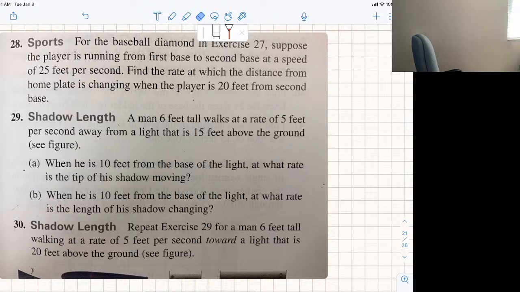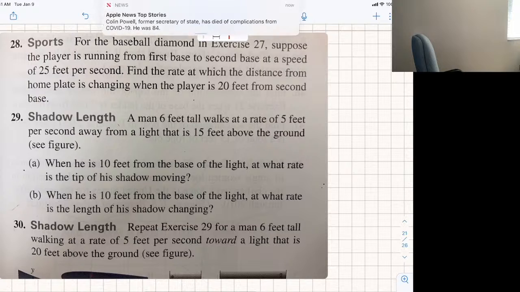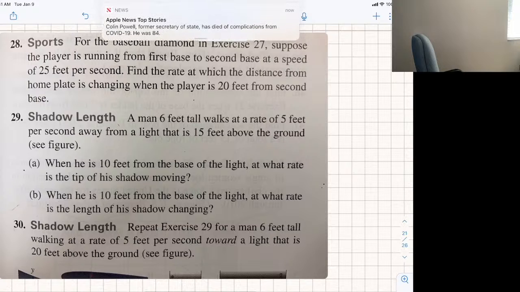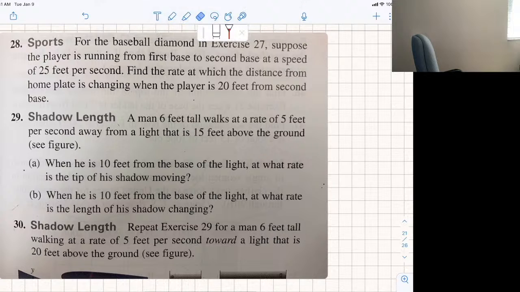The question says, when he is 10 feet from the base of the light, at what rate is the tip of the shadow moving? And then the second question is, when he's 10 feet away from the light, at what rate is the length of the shadow changing? What are they asking?